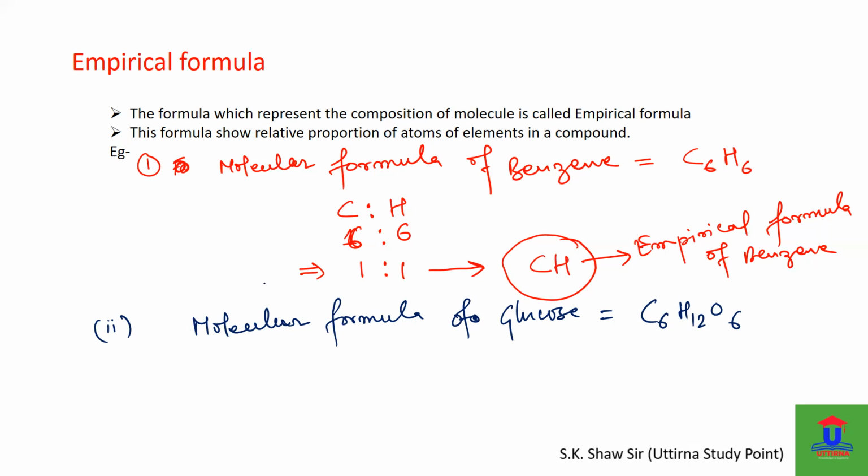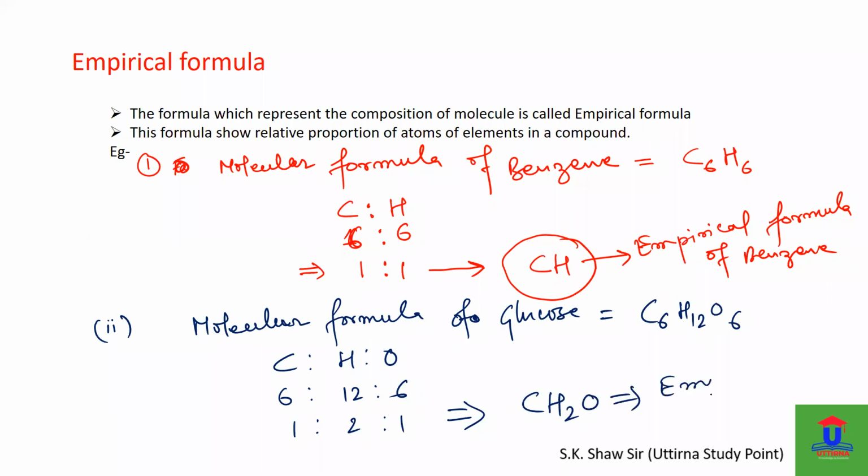CH2O. Yes, it is CH2O. How to calculate? Just take the ratio. It is 6 is to 12 is to 6, and in the simple whole number ratio, it is 1 is to 2 is to 1. So the formula is CH2O. This is the empirical formula. Is it clear?